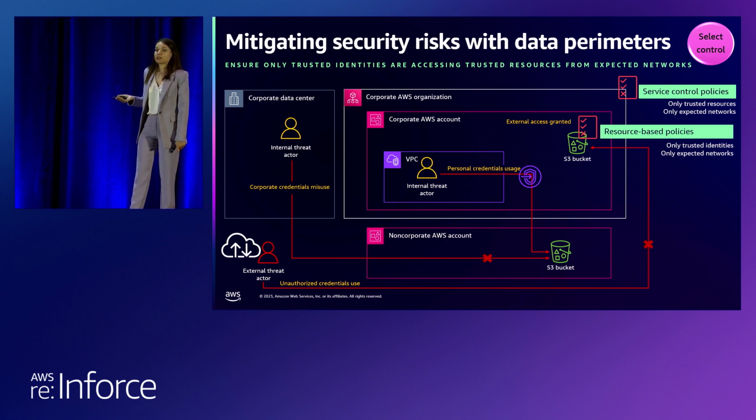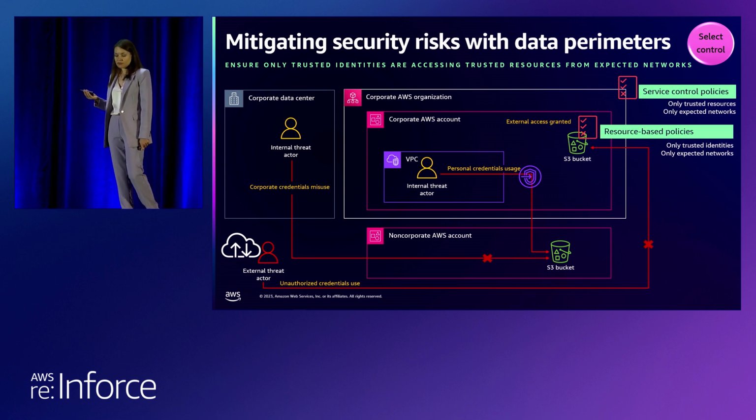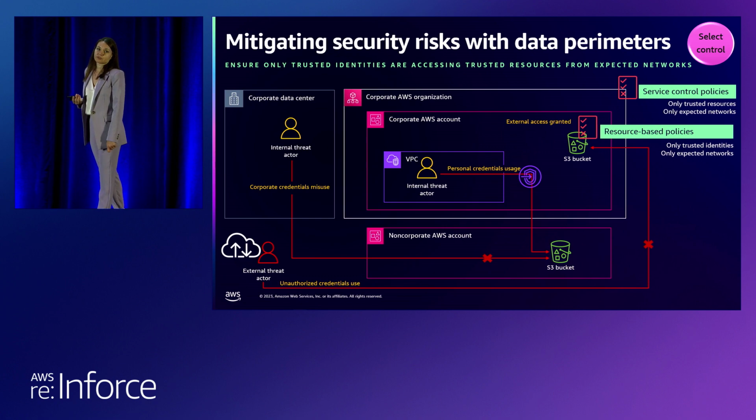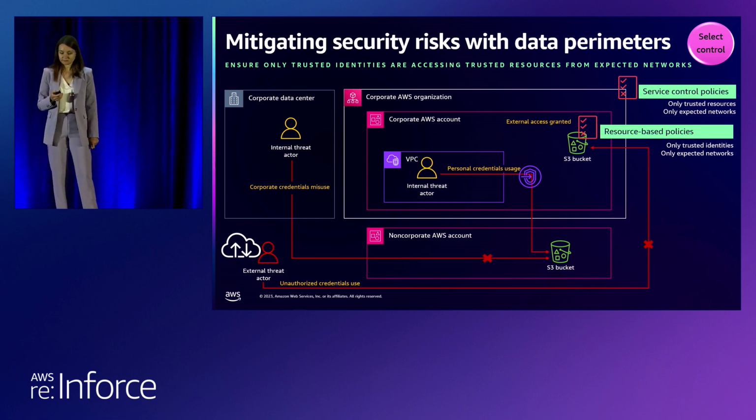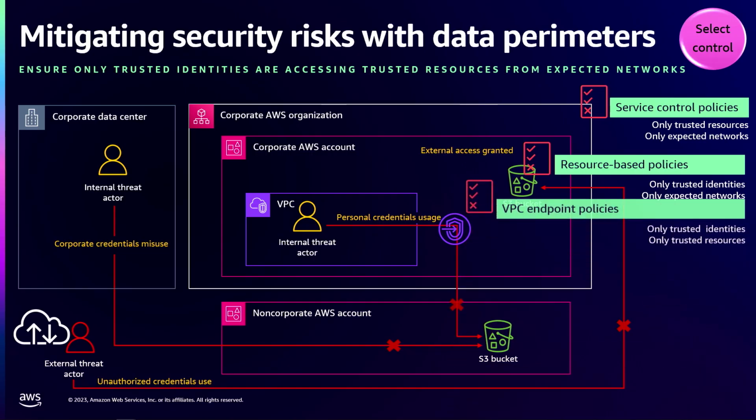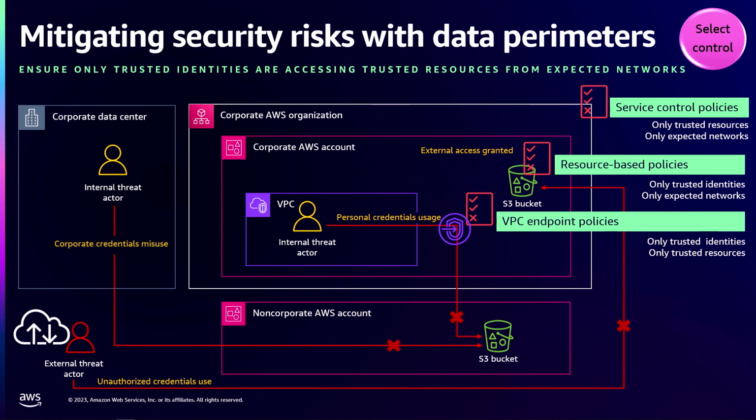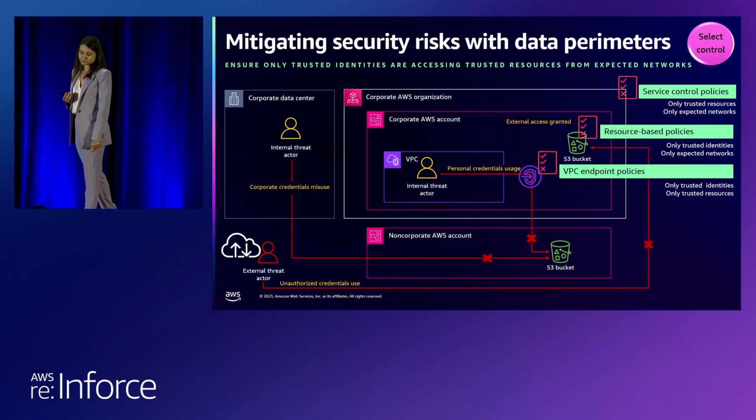It also can mitigate a risk of an external actor accessing your resource using compromised credentials. And finally, VPC endpoint policies can be used to ensure that your networks can only be used by trusted identities and only to access trusted resources, mitigating the risks associated with the presence of non-corporate credentials in your environment.